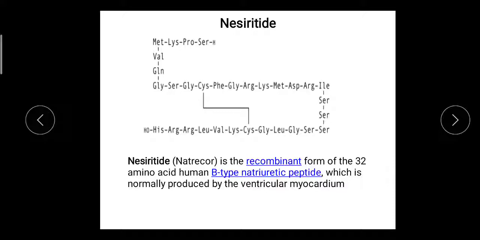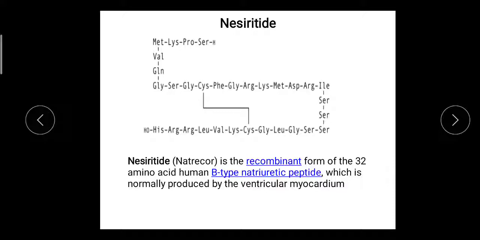Now the mechanism of action. Nesiritide is the endogenous human B-type natriuretic peptide which is normally produced by the ventricular myocardium. In the heart, when there is accumulation of blood, meaning the heart cannot pump out sufficient blood because of decrease in contractility, there is accumulation of blood in the heart, which causes stretching of the heart ventricles.